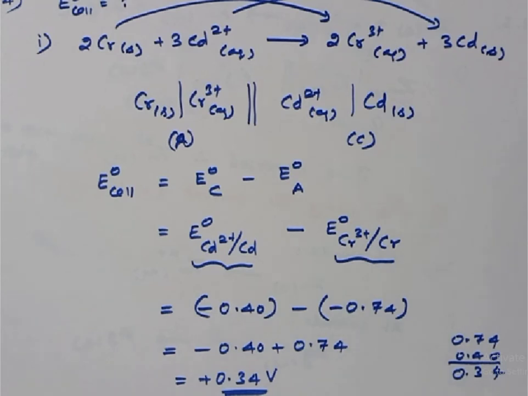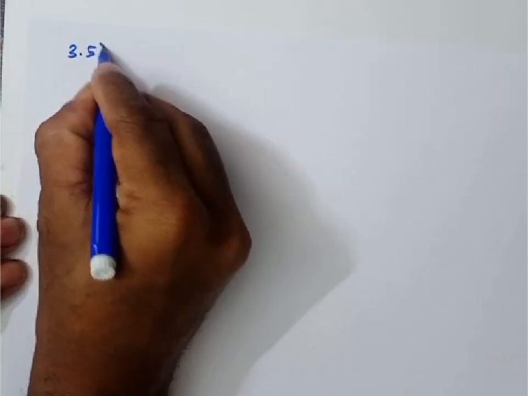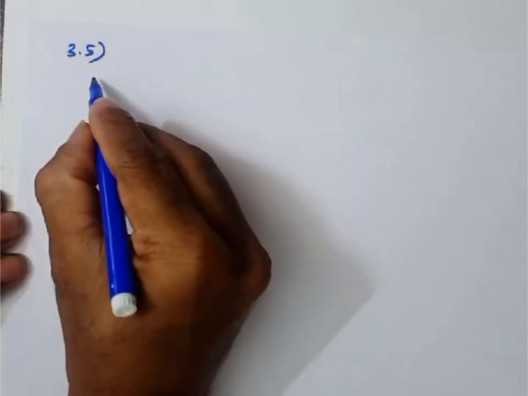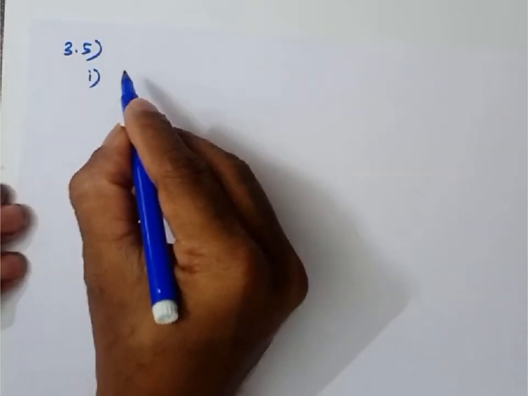3.5. Actually, this is the question which we need to focus on. Write the Nernst equation and EMF of the following cell at 298 Kelvin. So we need to write the Nernst equation. Four questions are given here, so let me take the first one.